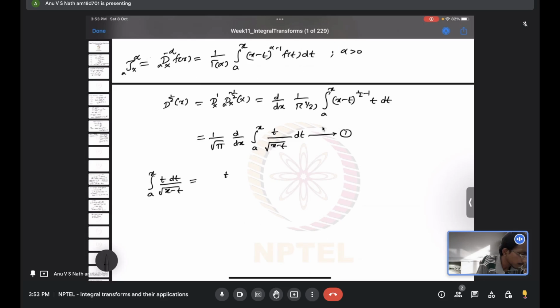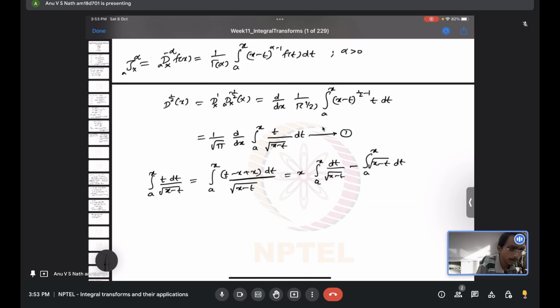So what we will do is you can write it as t minus x plus x, dt divided by square root of x minus t, a to x. So we can take the constant outside and then a to x dt by root of x minus t, then minus root of x minus t dt a to x. Like that we can split this into two integrals.